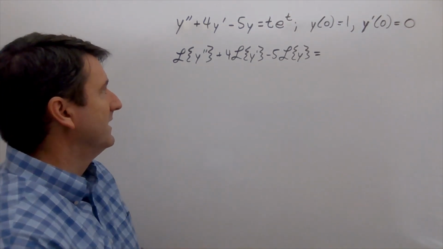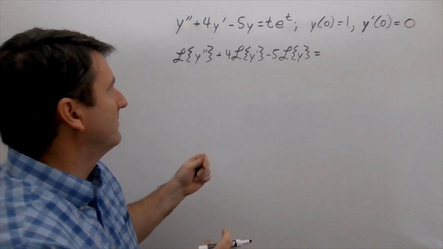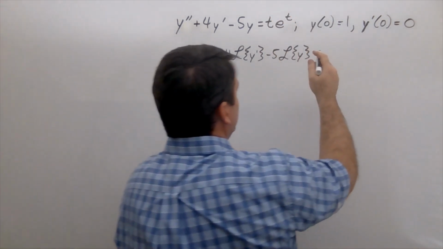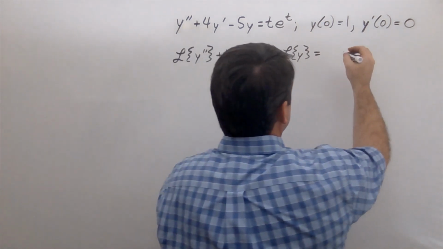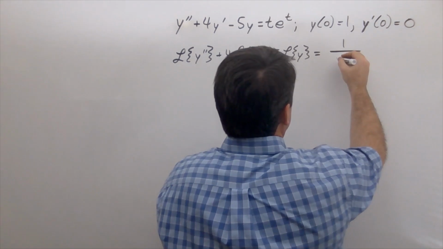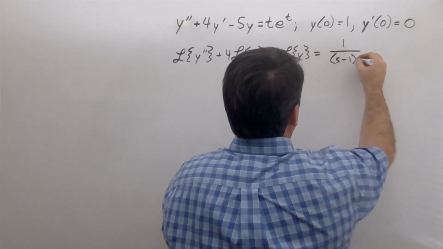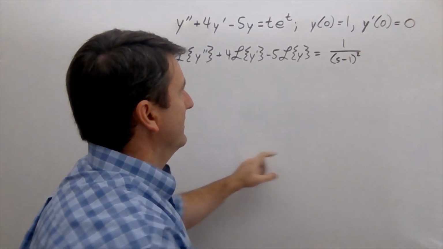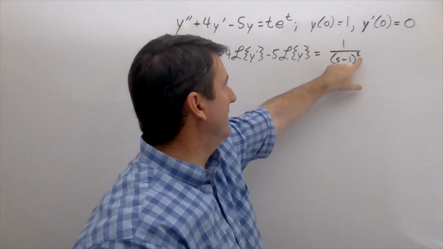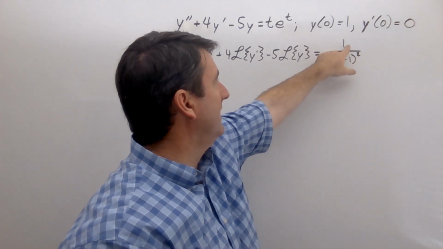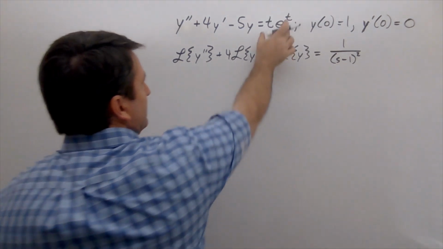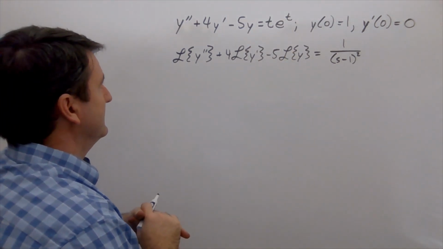This is on our Laplace transform table. This is t to the 1, e to the 1t. So this is going to be 1 over s minus 1 squared, where this is the a here, s minus a, and then it's 1 plus 1, and then 1 factorial up there. But that's our Laplace transform of t times e to the t.